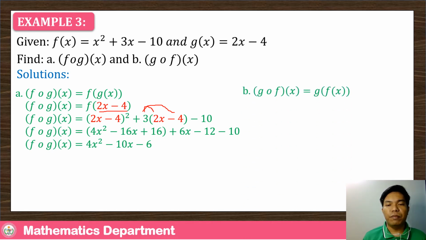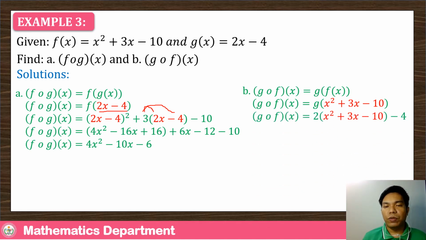And then for letter B, for g composed of f of x, so just like what we did kanina, ang x squared plus 3x minus 10 naman yung magiging input natin para sa ating function g. So replacing the variable x here in our function g with x squared plus 3x minus 10, ang magiging kalalabasan niyan ngayon ay 2x squared plus 6x minus 20.